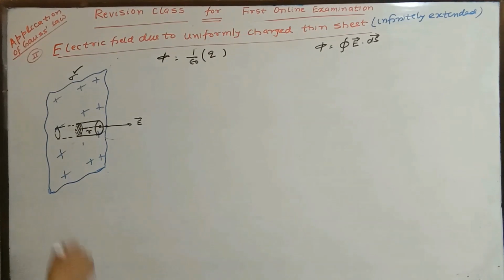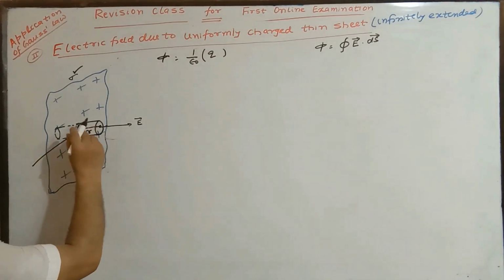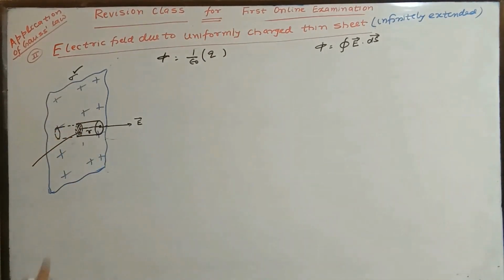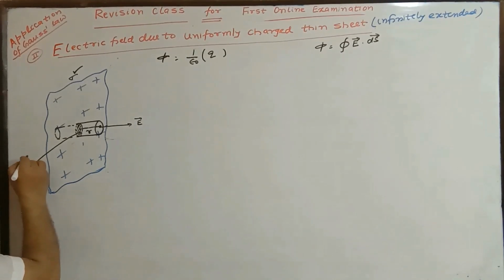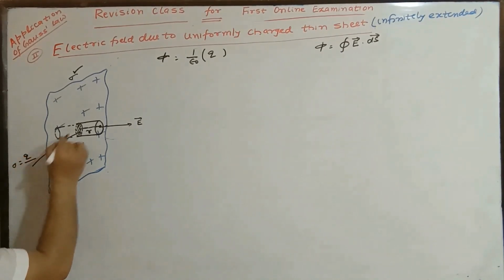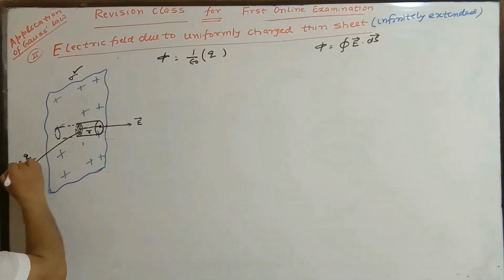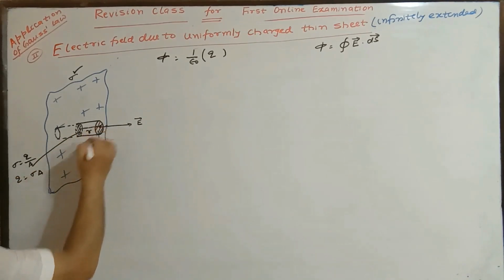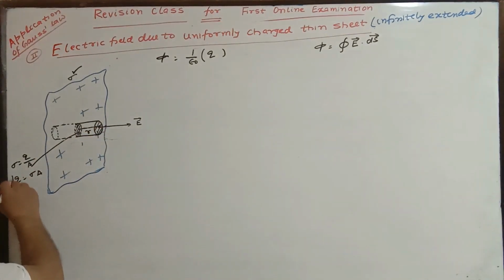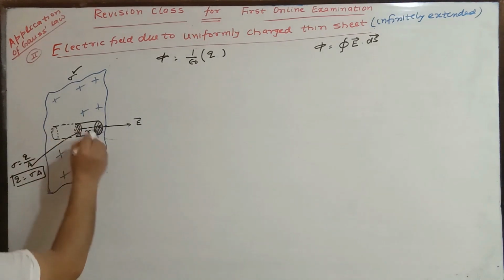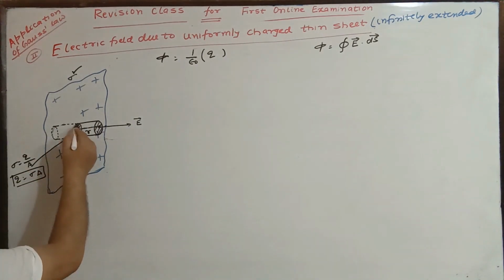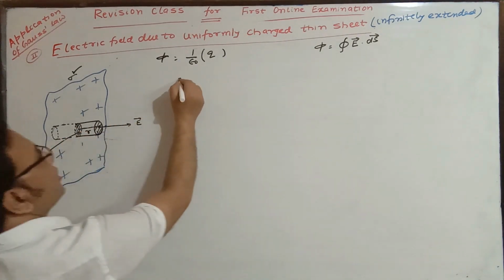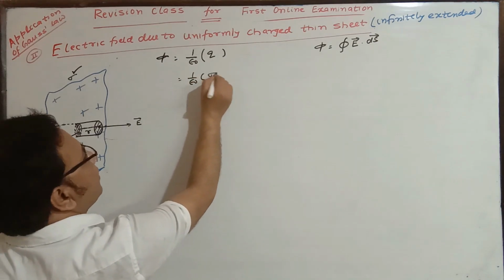This is the place where the cylinder crosses the surface. What is the charge enclosed here? Sigma is charge per unit area. If this area is A, then sigma equals Q by A. So Q enclosed equals sigma into A. The charge enclosed by this assumed volume is sigma into A. So this gives us phi equal to 1 by epsilon naught into sigma into A.